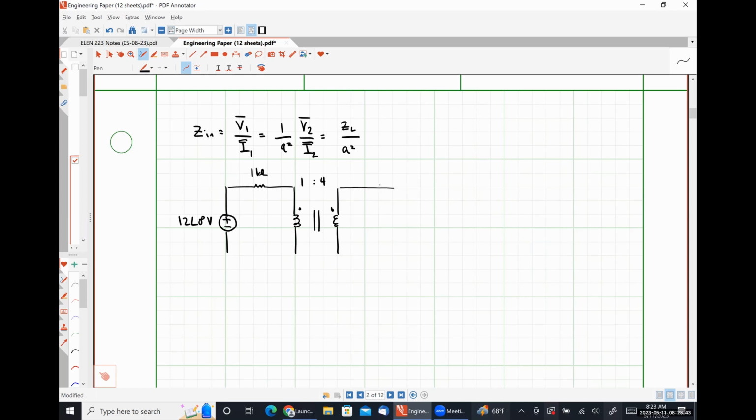Our secondary winding is connected to a 32 kilo ohm resistor. We are trying to find Vout. Just to be clear here, I'm going to define V1 here and V2 here. I'm going to leave that line there.